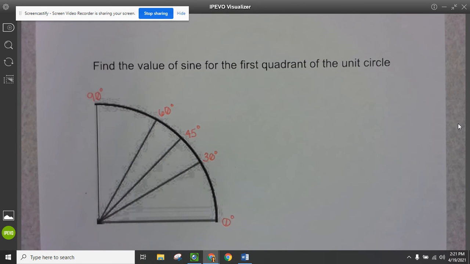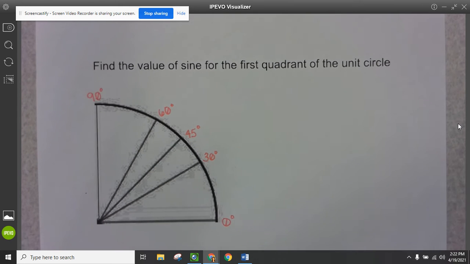Now I'm going to turn these into radian measurements as well. Whether you're going into Math 4 or Math 171, which is pre-calc, you're going to more than likely be dealing with radians instead of degrees.